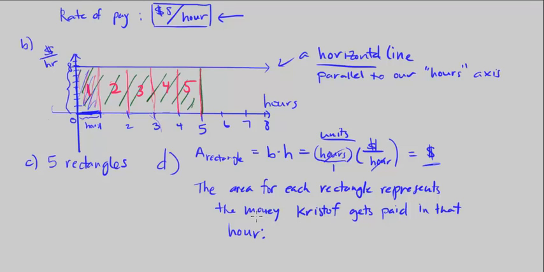So the area of each rectangle represents the money he gets in that 1 hour, which is the base times the height, or 1 hour times $8 per hour equals $8. So he gets paid $8 each hour. The area of each rectangle represents the dollar amount, $8, that Christoph gets paid in that 1 hour.